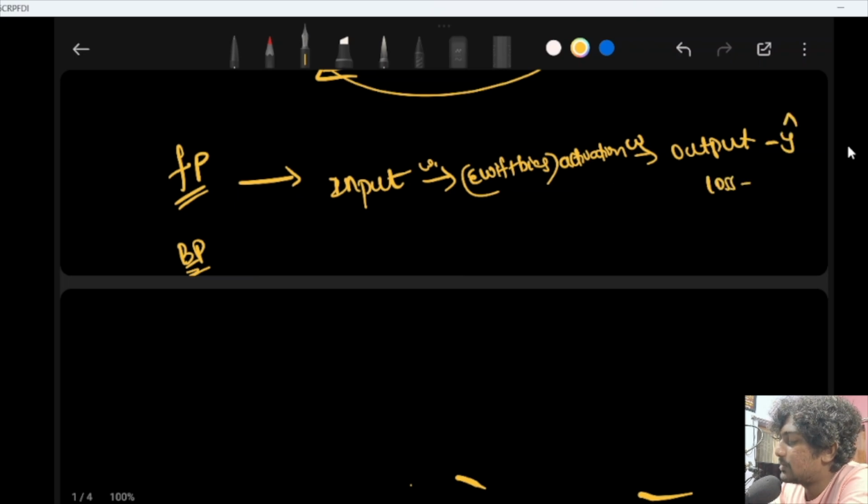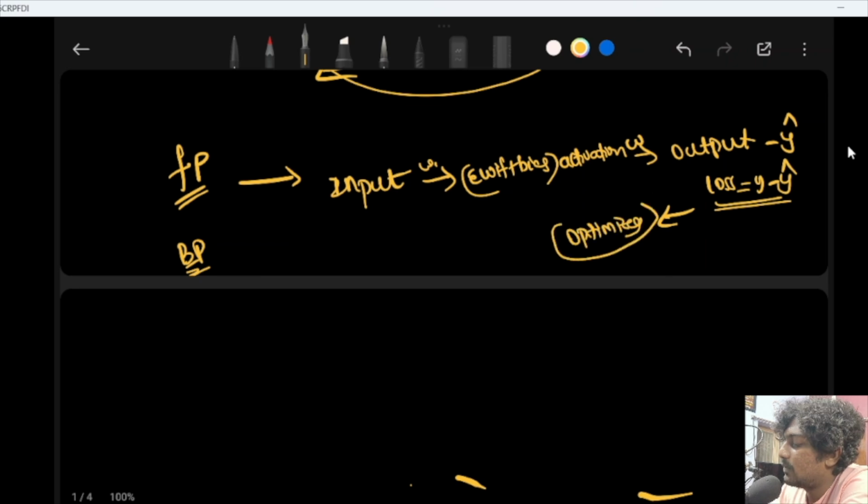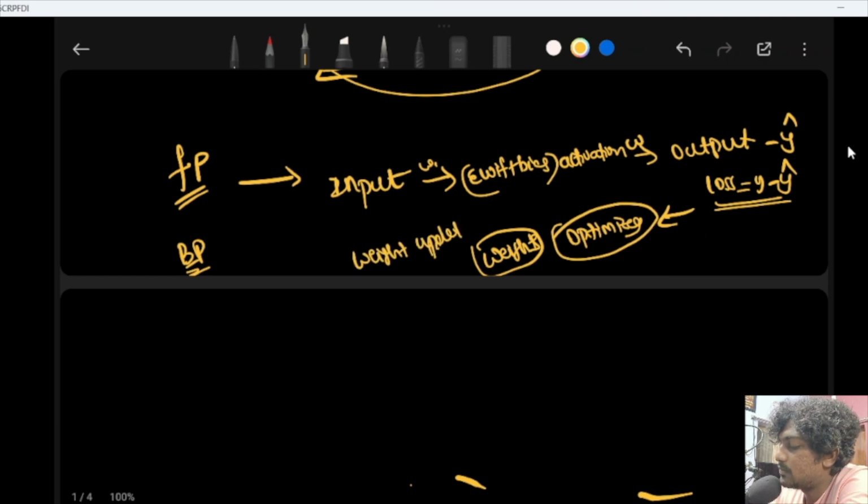The loss function equals y minus y hat. And after that, optimizers will update the weights, right? Using the weight updation formula.